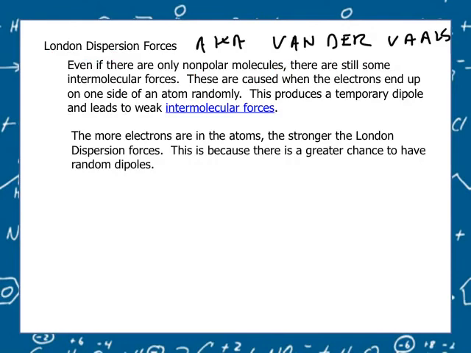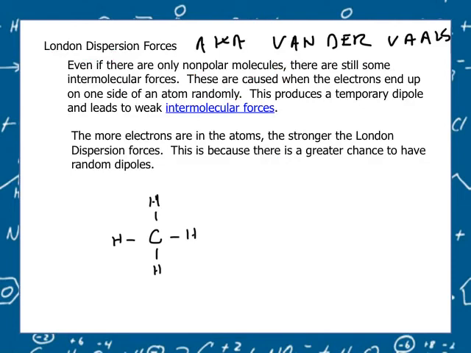And these just happen because randomly, as the electrons are going around an atom, they might all end up on one side. And this is going to cause a temporary dipole. So if I draw my nonpolar molecule again, there are electrons involved in these bonds that are going back and forth between these atoms. This is a symmetric molecule, so all the dipoles cancel out, so it's nonpolar.